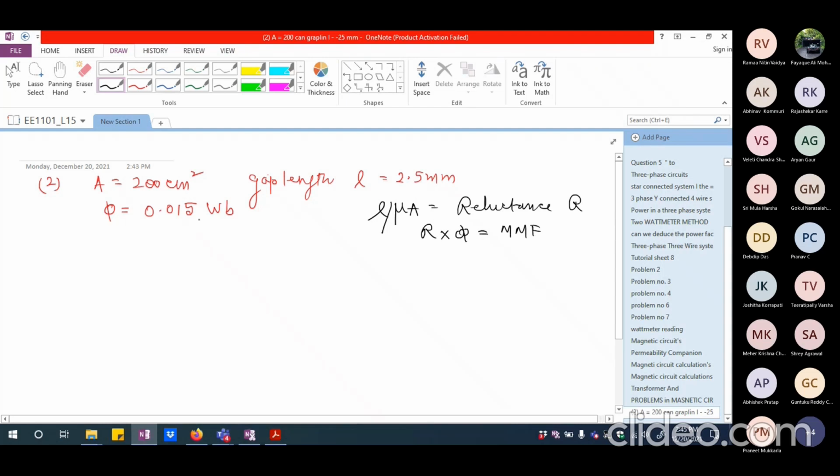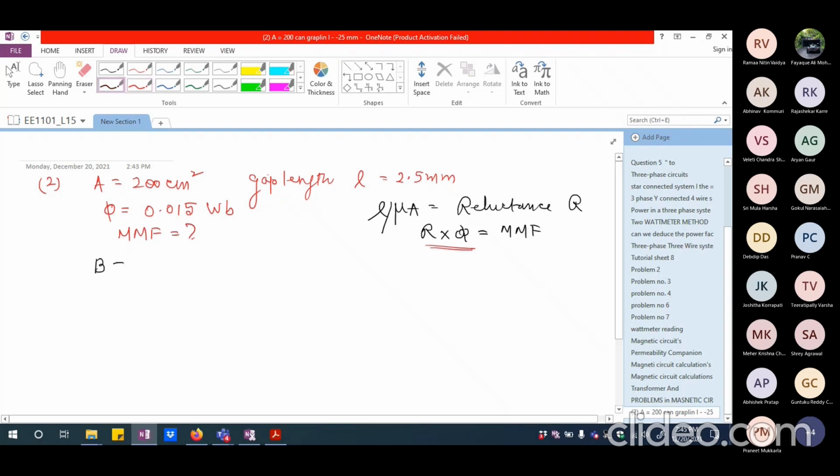So what is being asked is how much is the MMF? You can do it either this way, L by mu A equal to reluctance, reluctance multiplied by flux is MMF, that is also fine.